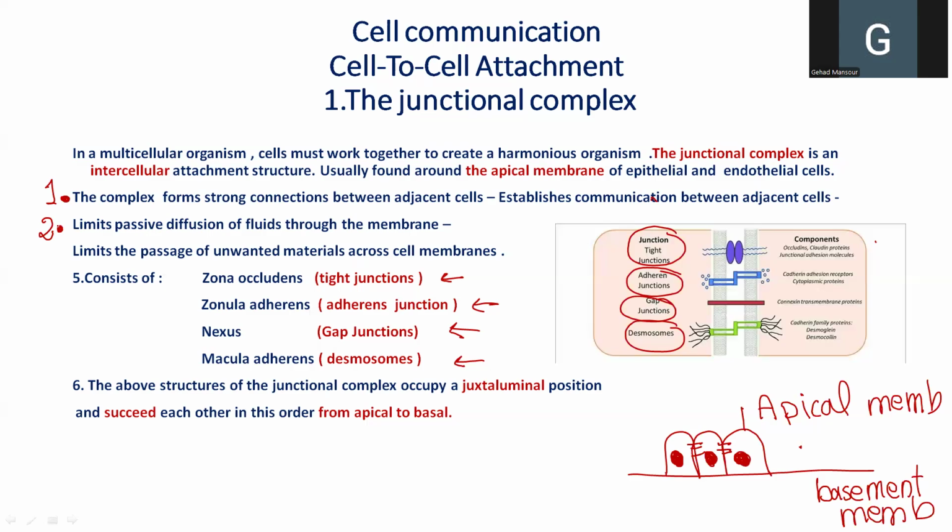But meanwhile, it also limits passive diffusion of fluids through the membrane, because if it happens that one cell has more water than the other, water will diffuse or pass by osmosis from one cell to another.